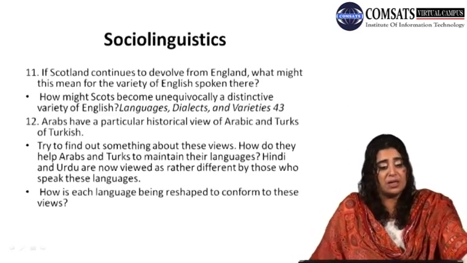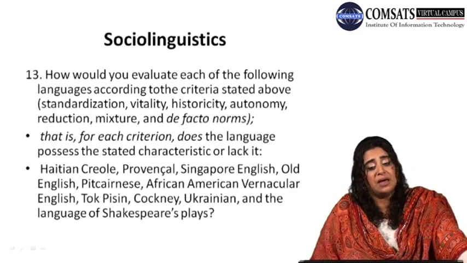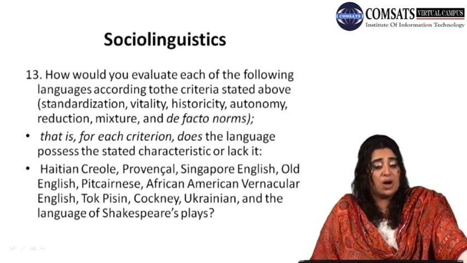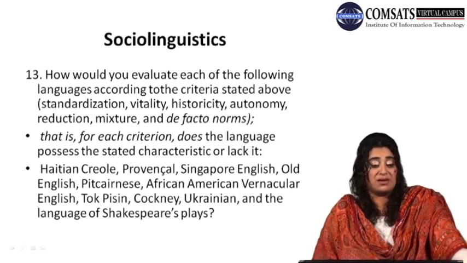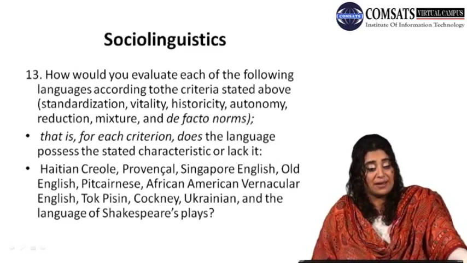So that is important. How would you evaluate each of the following languages according to the criteria stated above: standardization, vitality, historicity, autonomy, reduction, mixture, and de facto norms? So that is for each criterion: does the language possess this stated characteristic or lack it?